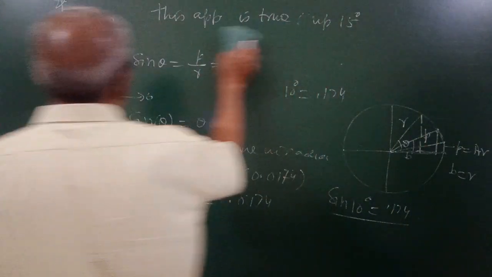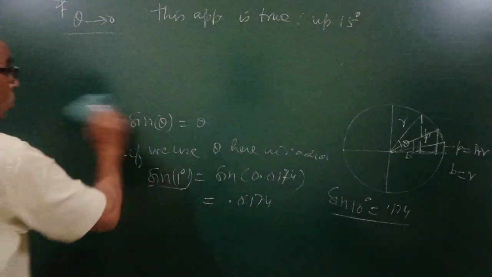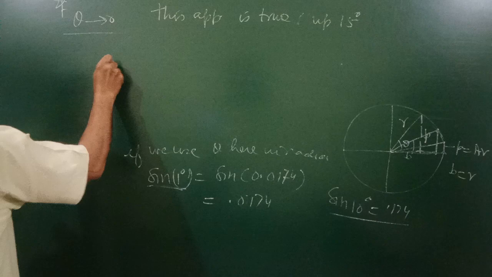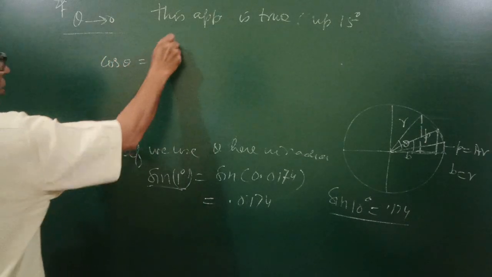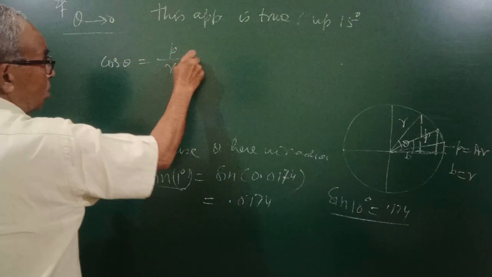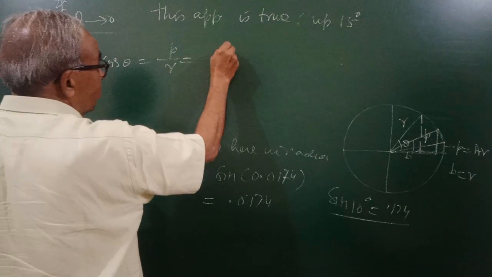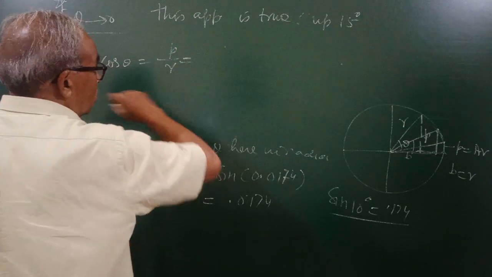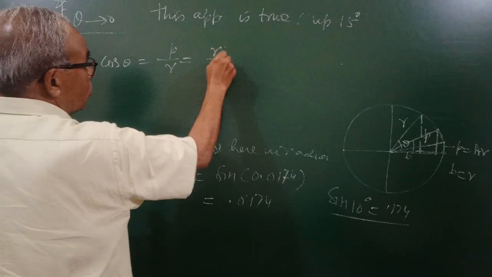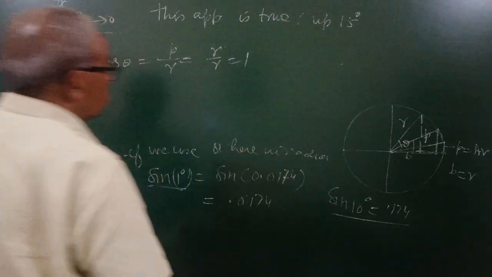Similarly, what would cos theta be? Cos theta is equal to base upon radius, and when theta tends to 0, the base has become the radius. So radius upon radius is equal to 1.